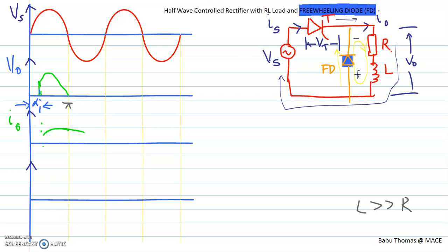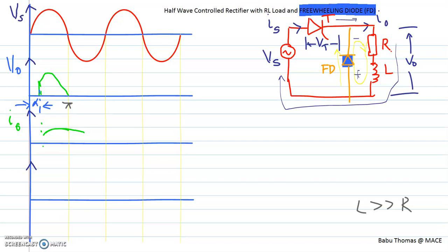The current which was flowing through the thyristor from the angle pi is transferred to the freewheeling diode. Since the current has moved to the freewheeling diode, the thyristor has the ability to regain the blocking state, and therefore the thyristor gets turned off at the angle pi.